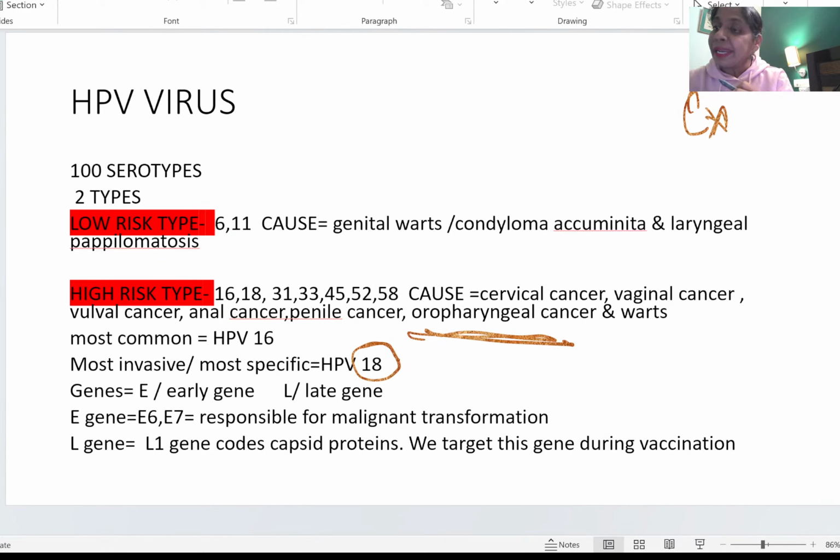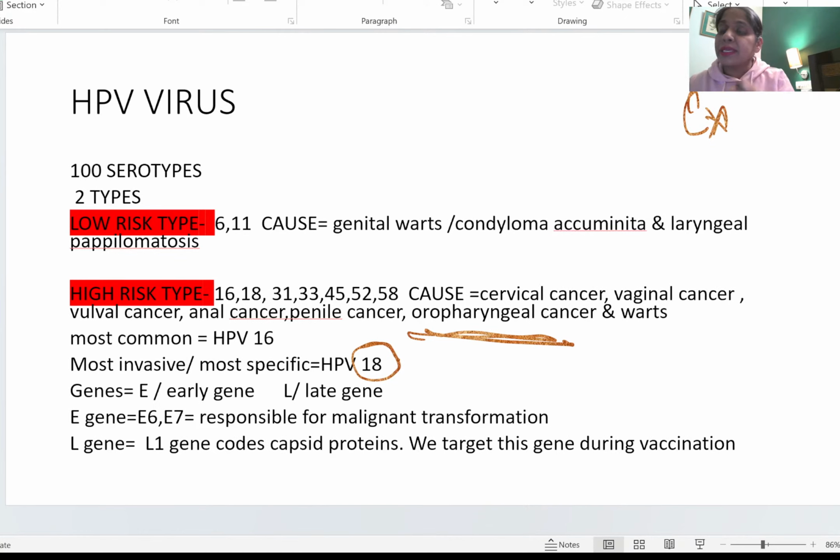Early genes are denoted by E and late genes are written as L. Among all the early genes, E6 and E7 are important. E6, E7 are responsible for malignant transformation. The transformation that HPV causes in CA cervix is possible due to the E6, E7 genes.